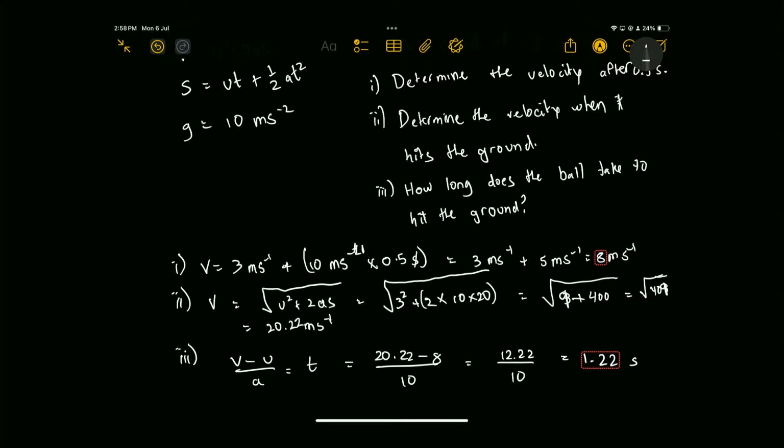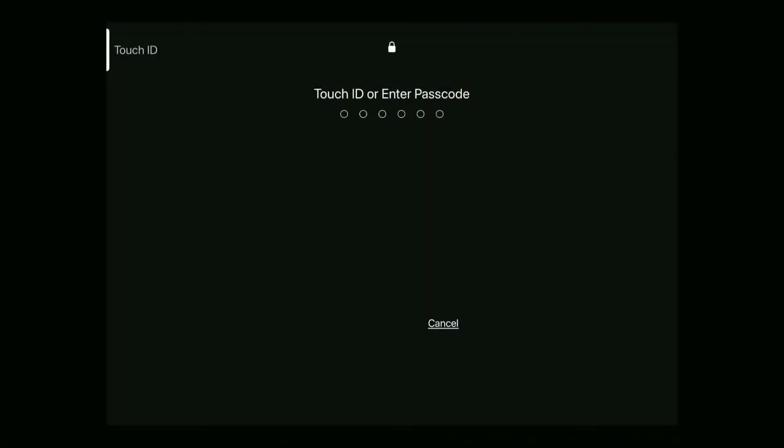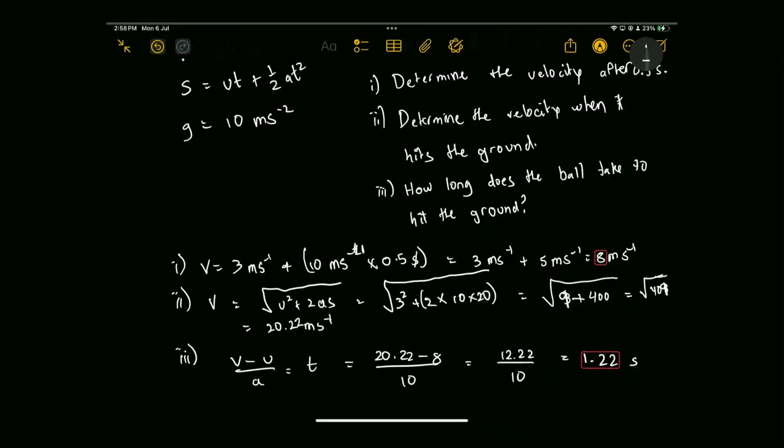Right, so this is actually simpler than using the third equation. Right, any questions?